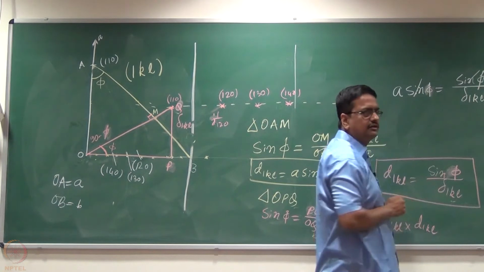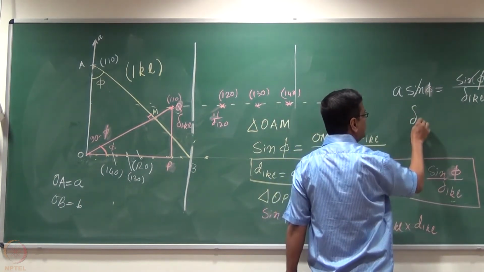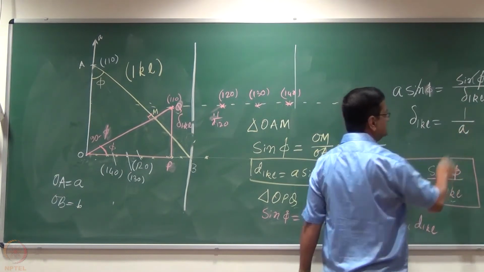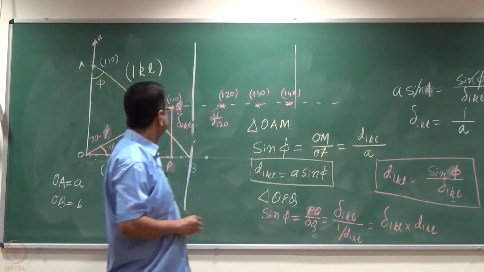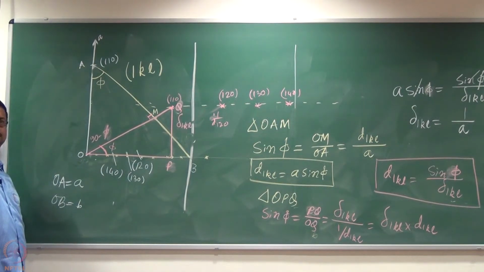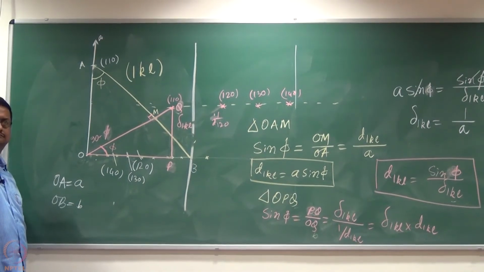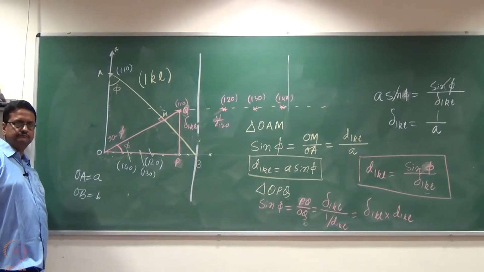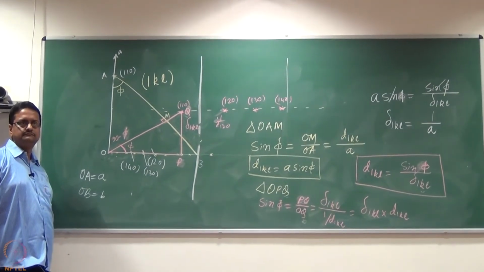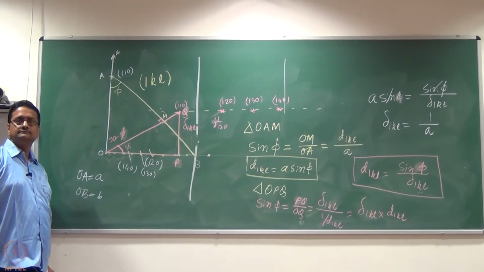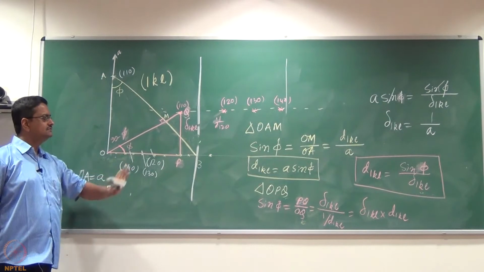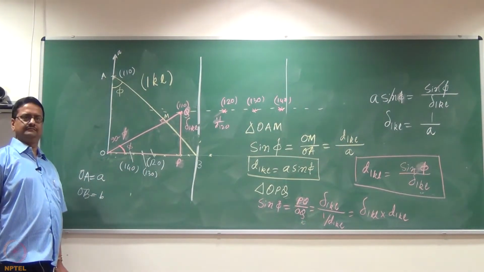Sin phi is cancelled on either side. So delta 1KL is equal to 1 by A. Right? Any doubt? Delta 1KL is equal to 1 by A.